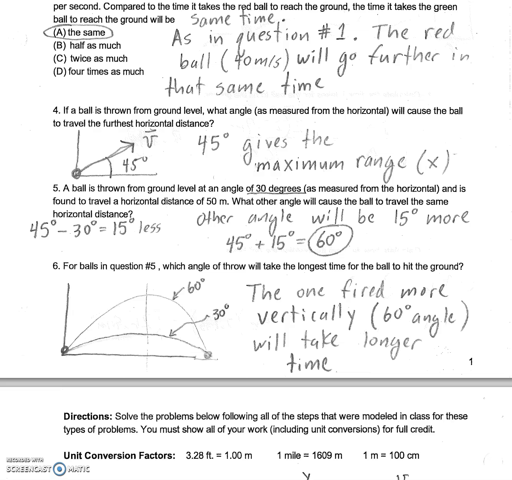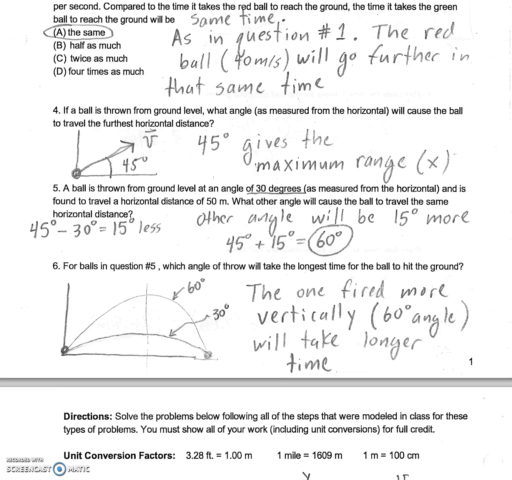Number 5, a ball is thrown from ground level at an angle of 30 degrees as measured from the horizontal, and is found to travel a horizontal distance of 50 meters. What other angle will cause the ball to travel the same horizontal distance? Well, again, what we want to think about is that complementary angles have the same horizontal distance.